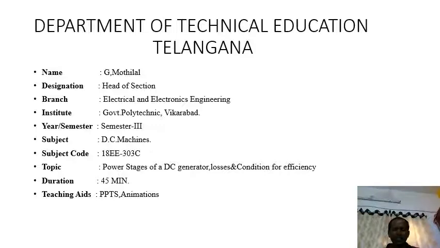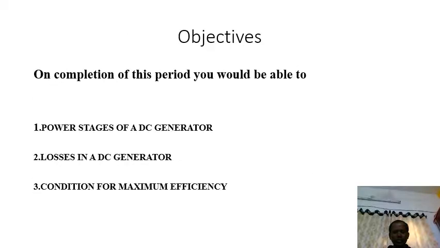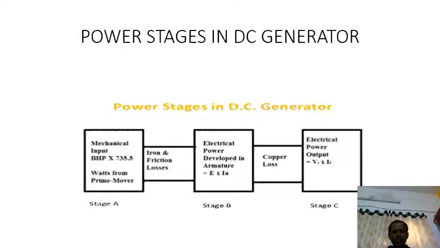So these are the losses appearing in DC generators. One by one we are going to discuss them. First of all, we are going to discuss the power stages of a DC generator.